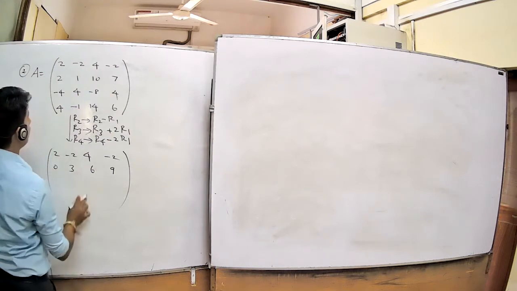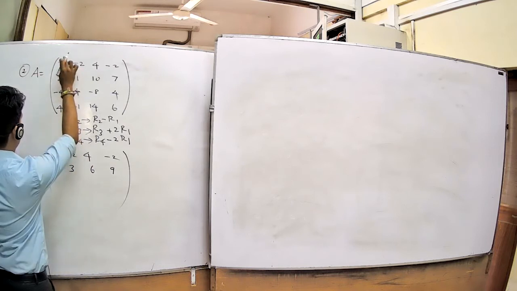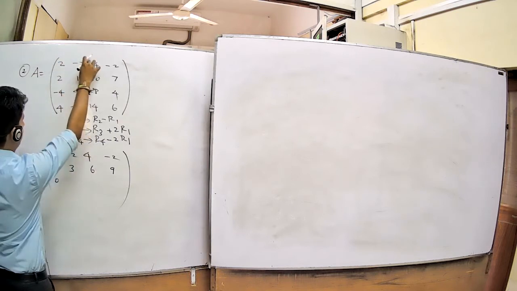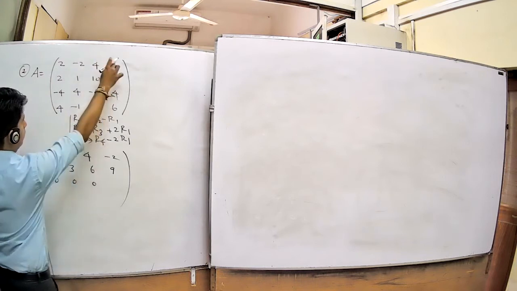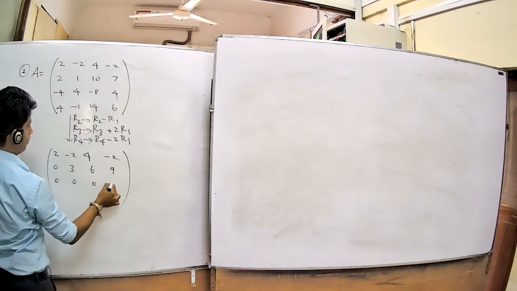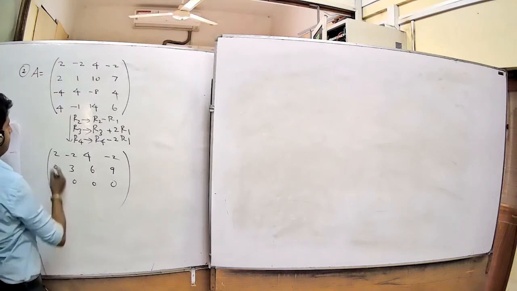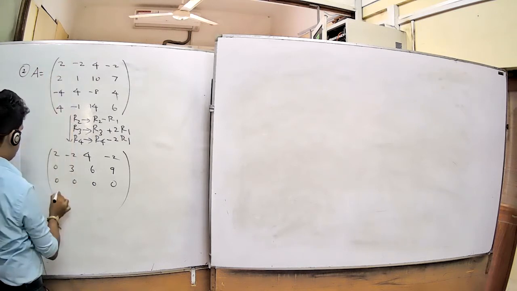Plus 6, okay. Now R3 replaced by R3 plus 2 times R1. 2 into 4, 4 minus 4, 0. 2 times minus 4 plus 4, 0. Minus 8 plus 8, 0. Minus 4 plus 4, 0.